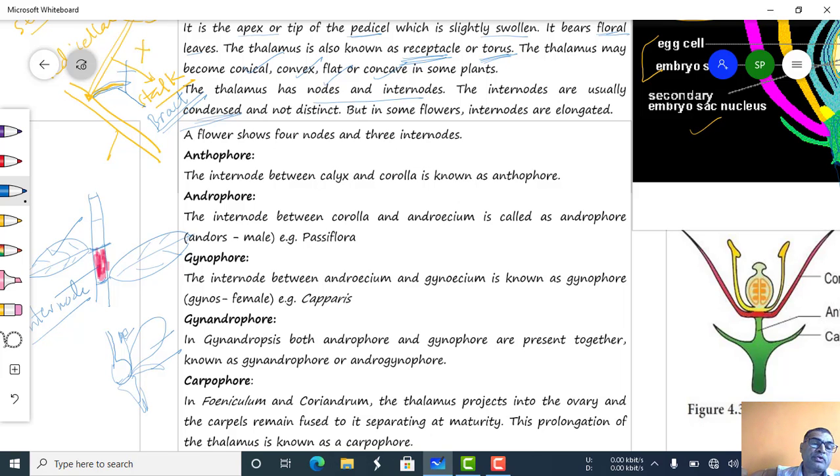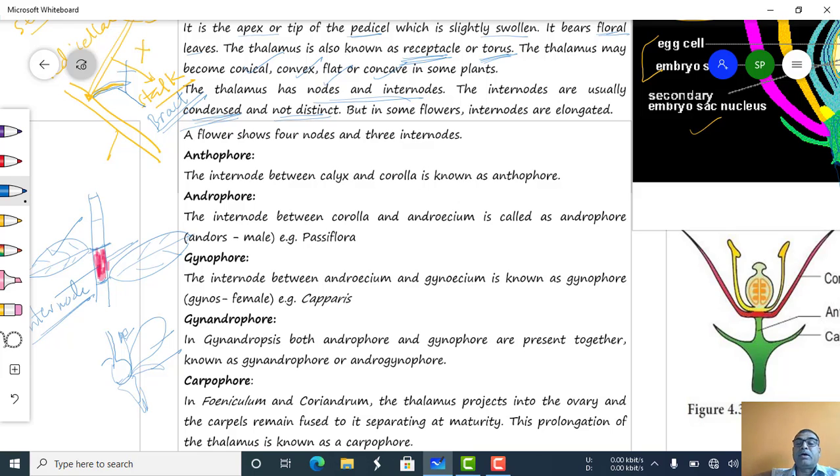Calyx, corolla, androecium, gynoecium are present, and thalamus shows nodes and internodes. In about 99% of flowers, these internodes are condensed, suppressed, and not distinct.